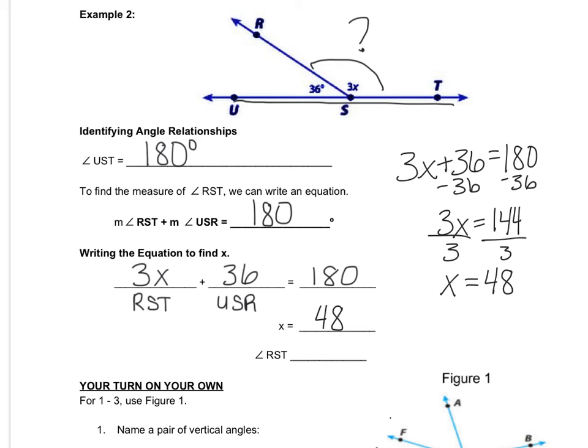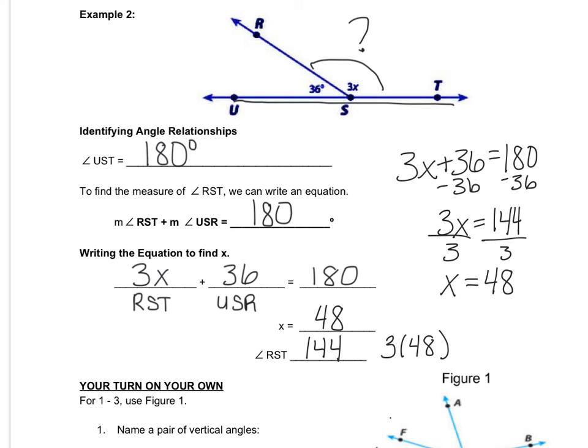But the whole angle has a measure of 3x. So if x is 48, I need to figure out what 3 times 48 is, which, back in our equation, we found 3x is 144 degrees.